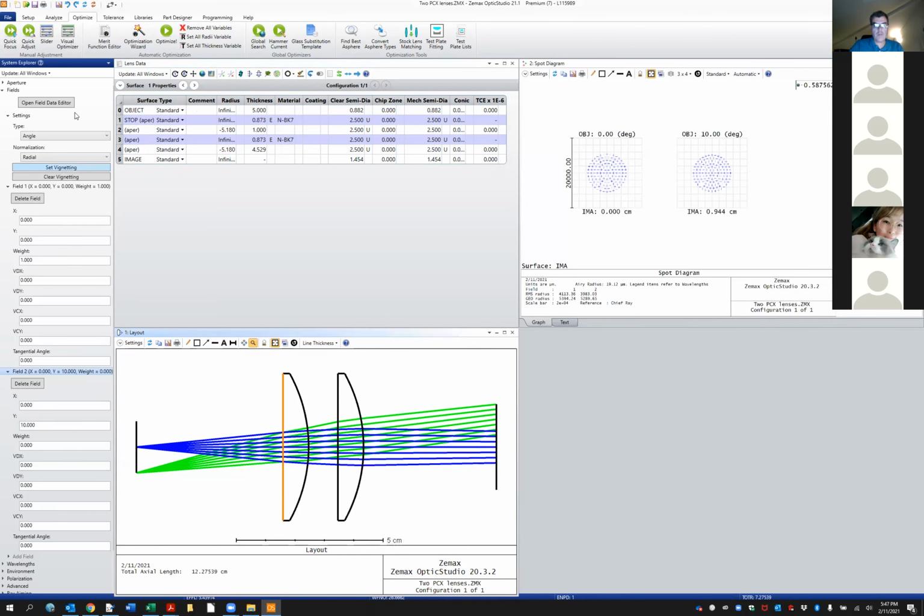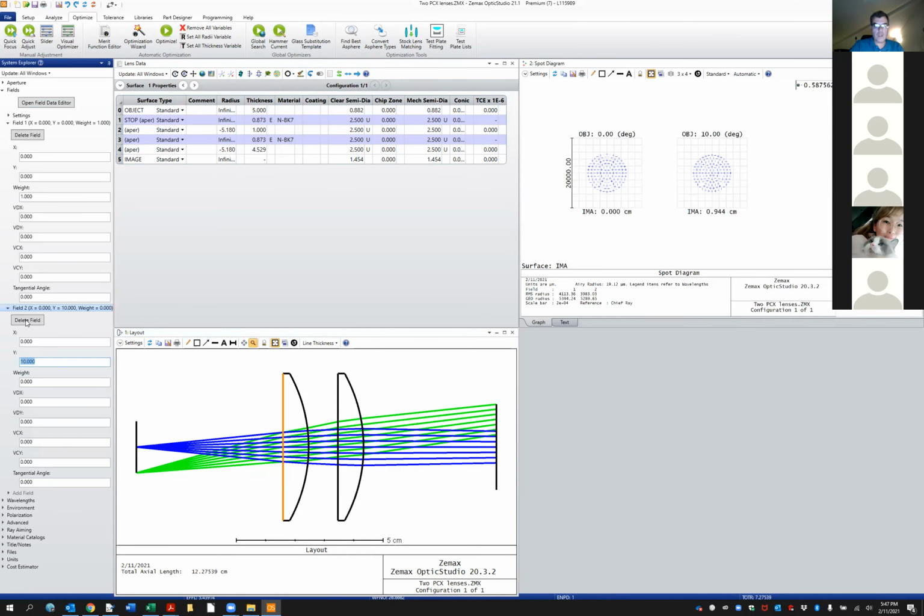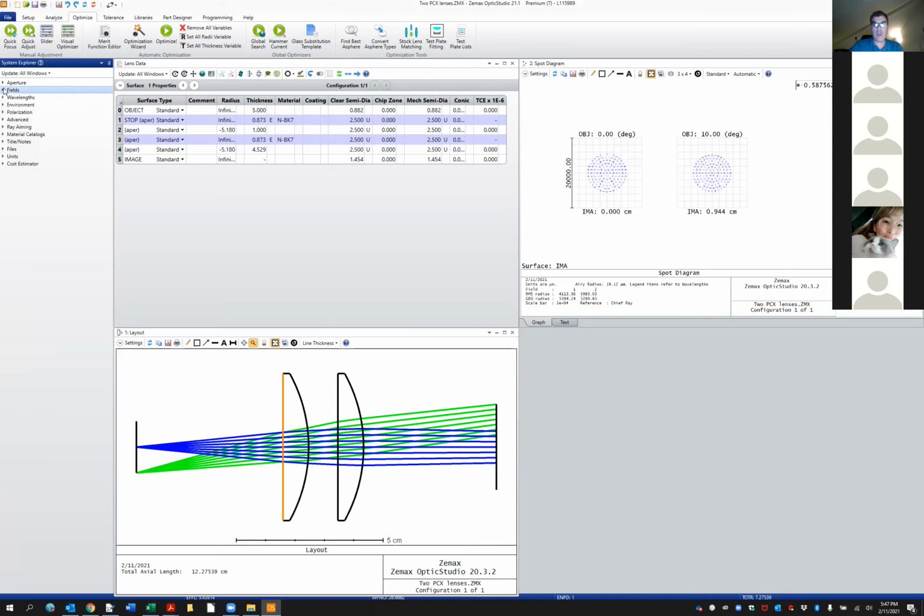Okay, now I want these things to form an image at infinity, which means that I want them to go parallel to each other. I want to look at what happens very, very far away. So instead of asking how many centimeters off axis does this ray go, how many centimeters off axis does that ray go, I want to ask how many degrees off axis does each ray go.